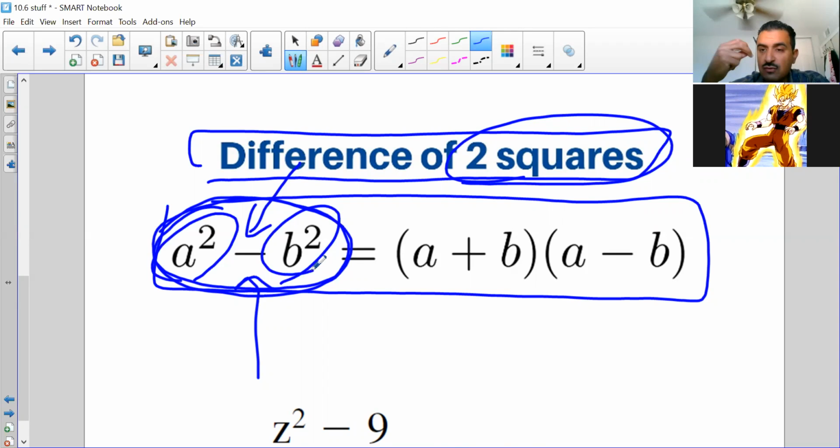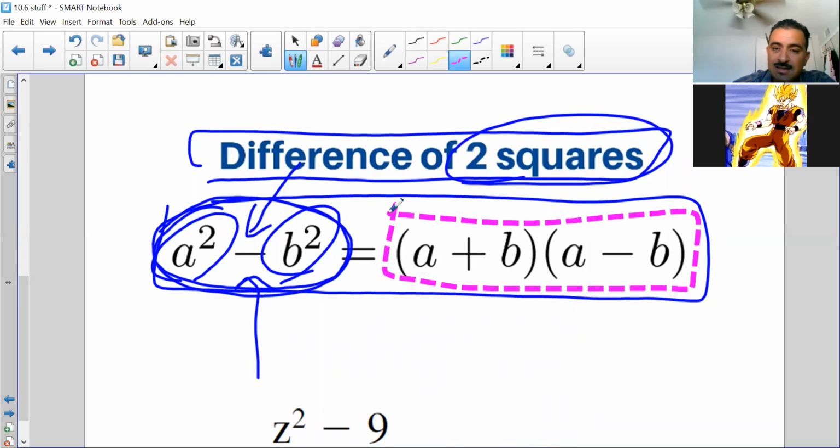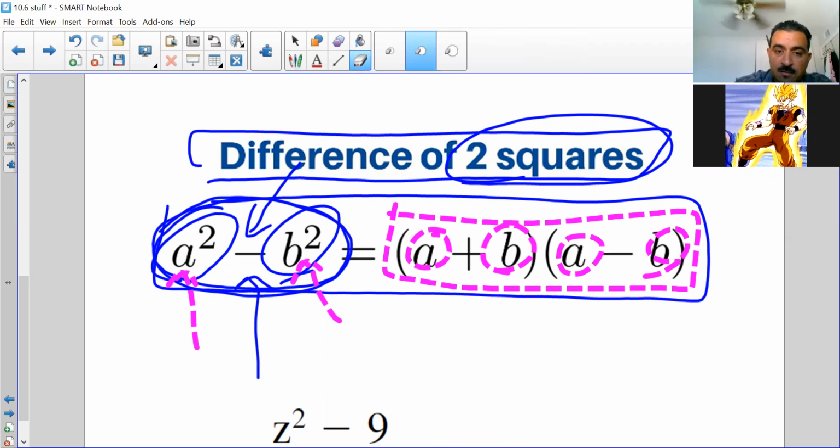If you have a difference of two squares, the pattern will always, without fail, result in a plus b times a minus b. In other words, whatever number was being raised to the second power will be right here and right here. And whatever number here was raised to the second power will be right here and right here. And this will be the factors.